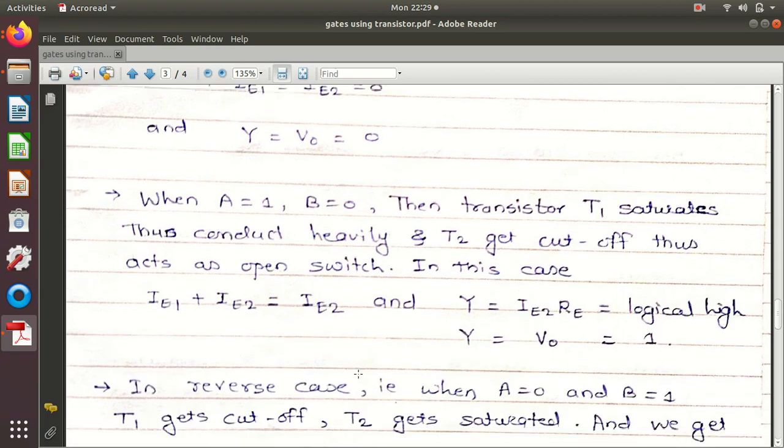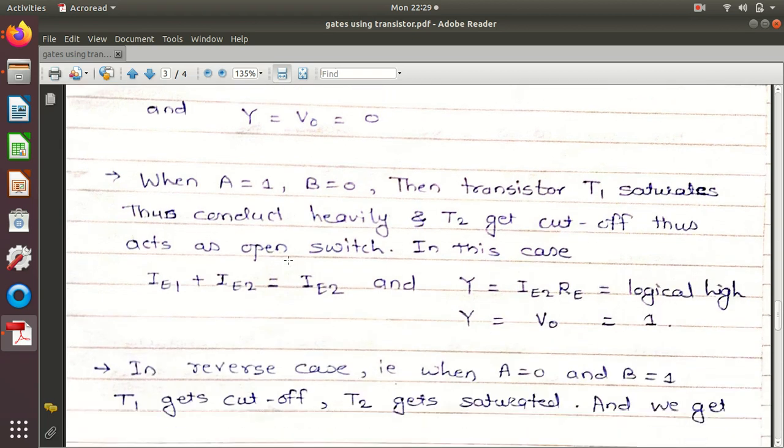When one of the inputs is 1 and the other is 0, say A equals 1 and B equals 0, then transistor T1 saturates, conducts heavily and acts as a closed switch, whereas transistor T2 acts as an open switch, as its input is 0, and thus operates in the cutoff region.